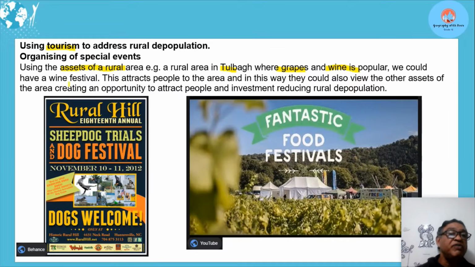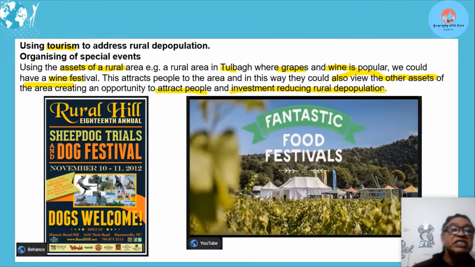We could have a wine festival, and attract people to the area where they also could view other assets of the area. An opportunity to attract people and investment, reducing rural depopulation.